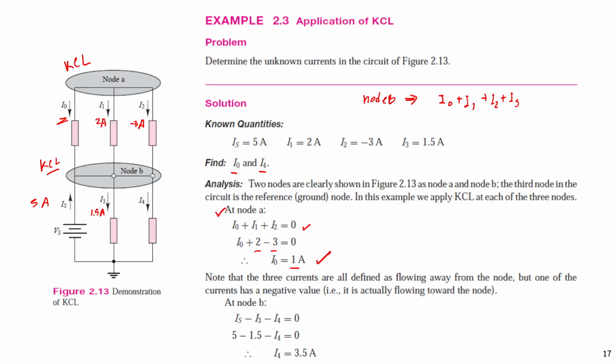If flowing in is positive, flowing out is negative. So minus I3 minus I4.